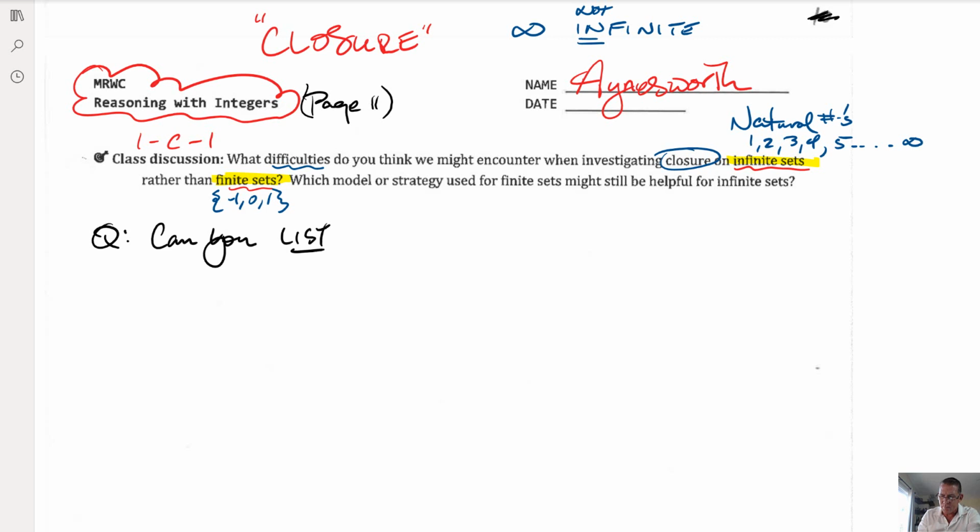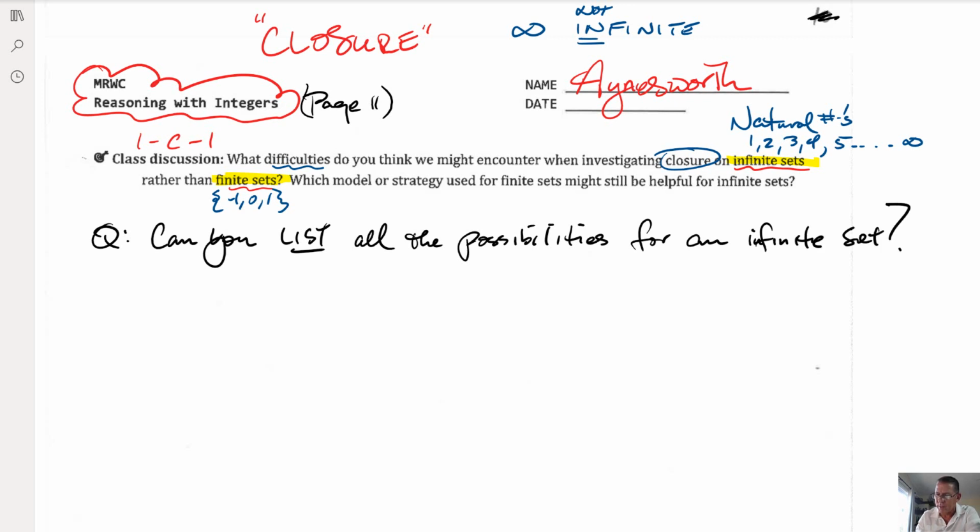So my first question to you right now is can you list all the possibilities for an infinite set? Infinite set. Can you do it?